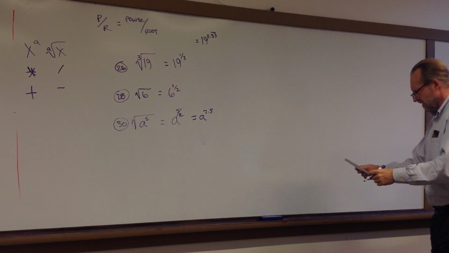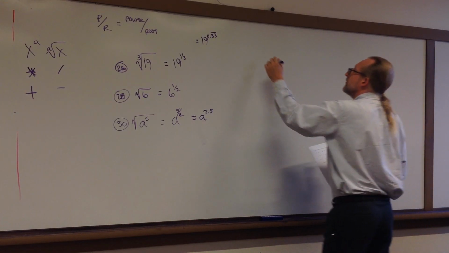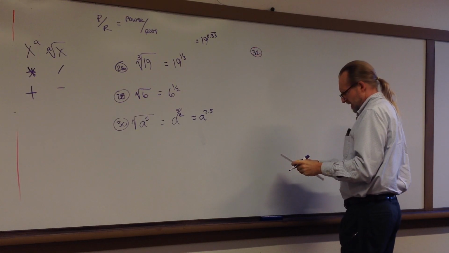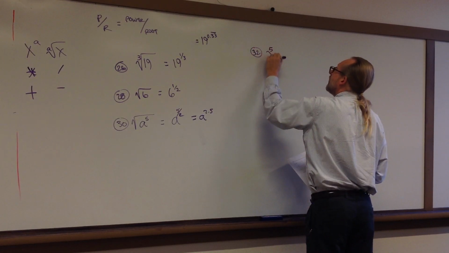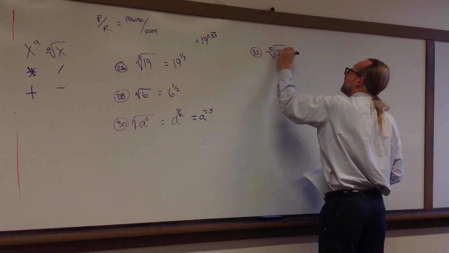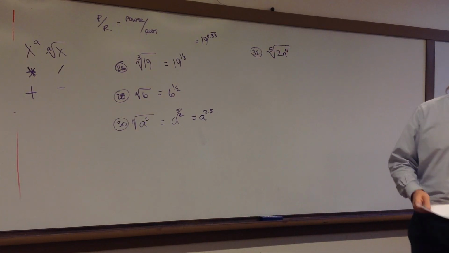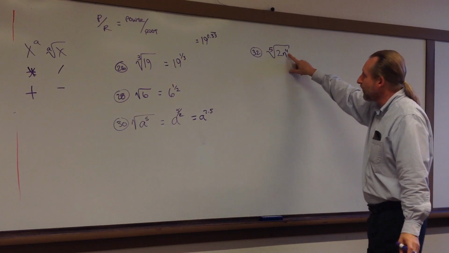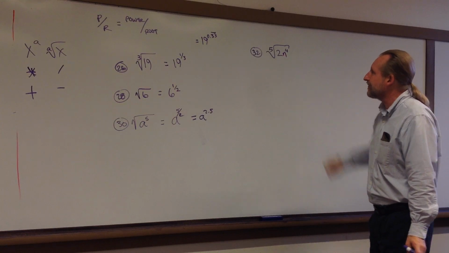All right. Problem 32. Let's see here. We have the fifth root of 2n to the fourth. Well, you've got some choices here, because notice that n to the fourth has a power, but the 2 doesn't. This 4 only affects the n, it does not affect the 2.